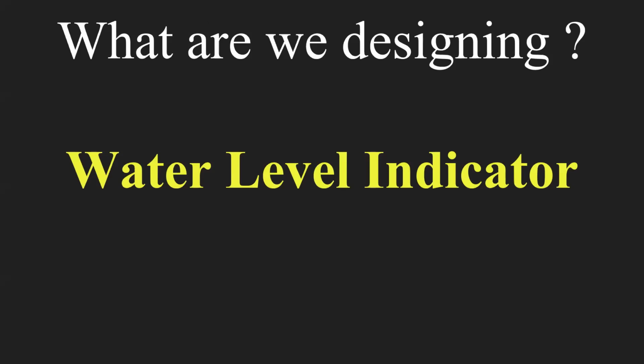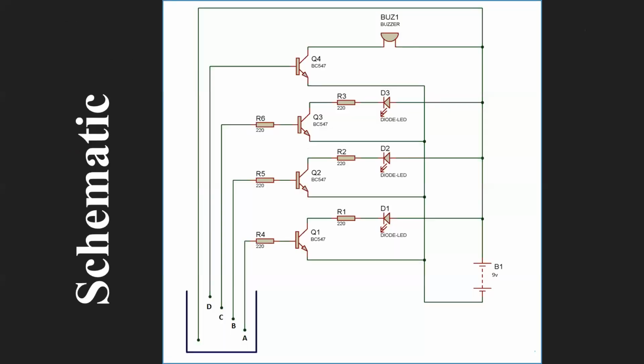We are designing a basic project, the water level indicator. I think you might have heard of the water level indicator; some of you might have it in the water tanks at home. So this is the schematic we will start designing from tomorrow at 4 p.m.